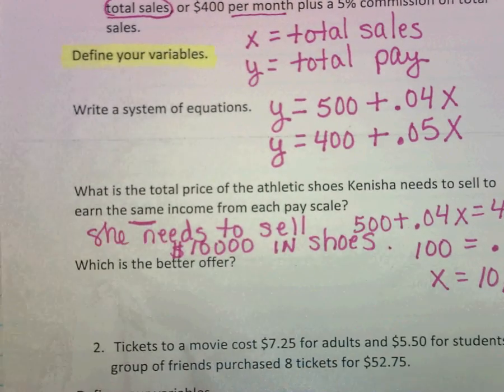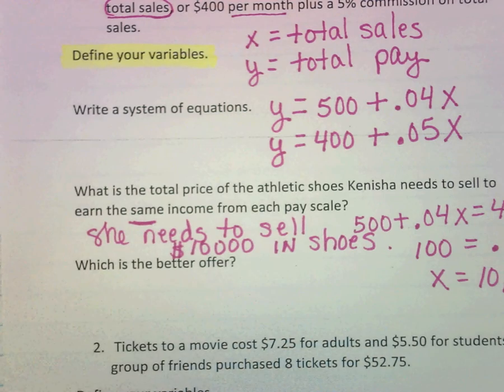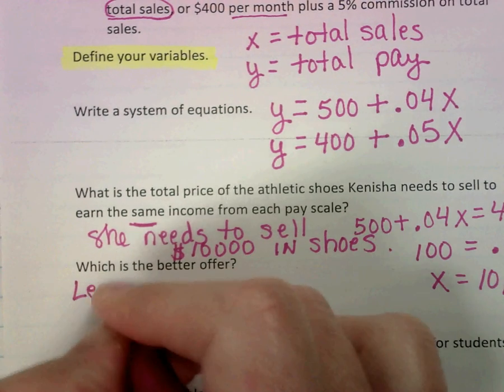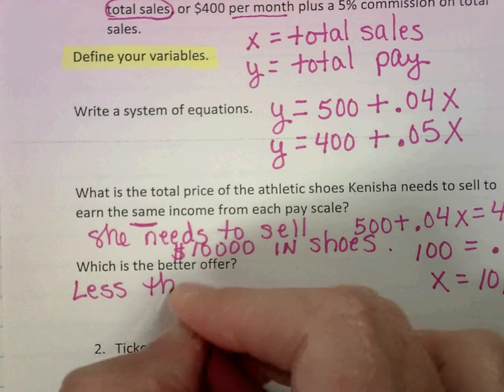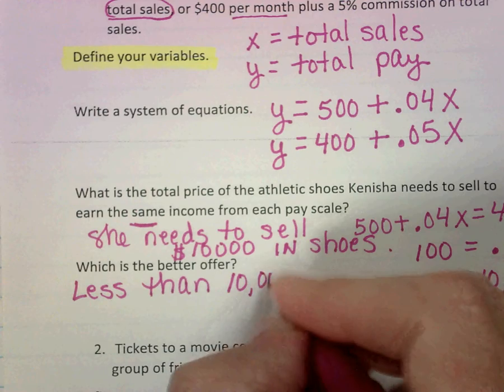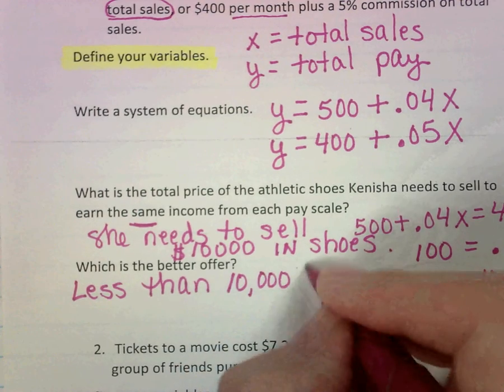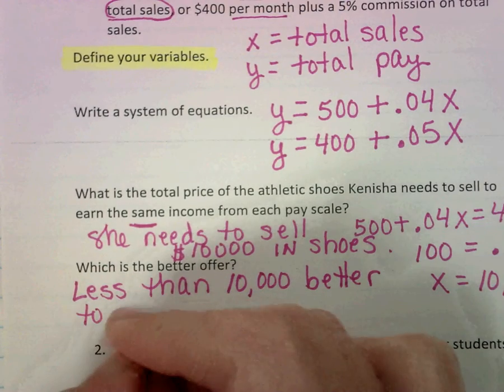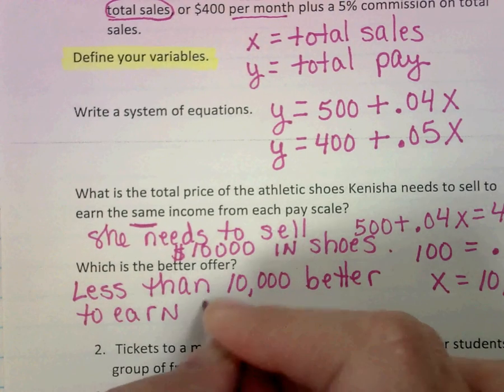So when it says which is the better offer, I would say that it kind of depends. If she sells, and again, we should state this in a complete sentence, but I'm going to be real quick here. If she sells less than $10,000, then it's better to earn the 4% commission.